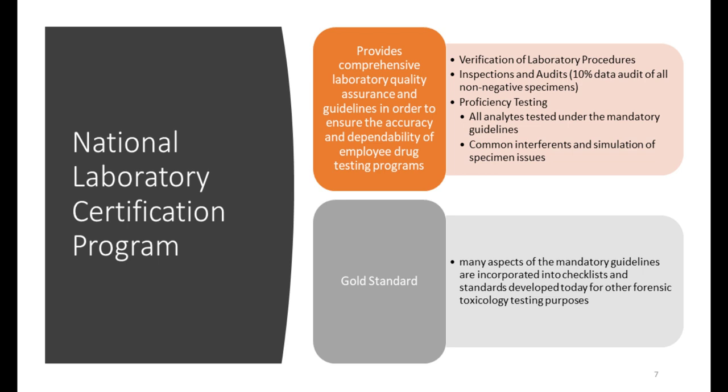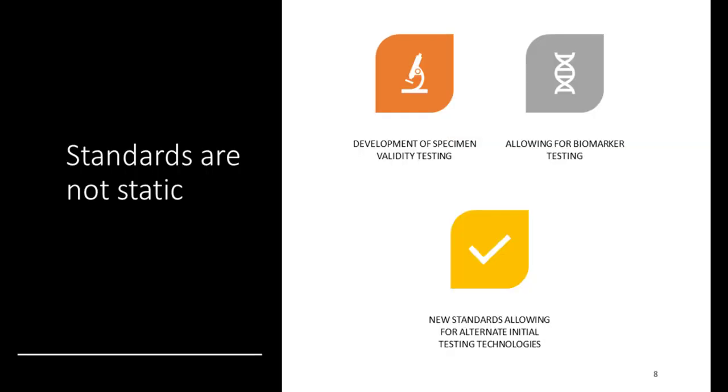It includes proficiency testing, including all analytes tested under the mandatory guidelines, and including common interference and simulation of special issues. This is considered the gold standard in forensic urine drug testing. Many aspects of the mandatory guidelines are incorporated into checklists and standards developed today for other forensic toxicology testing purposes.